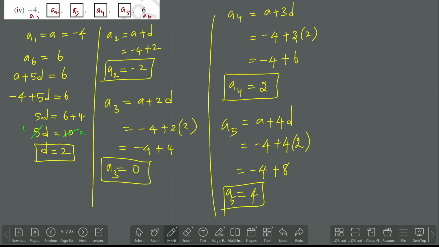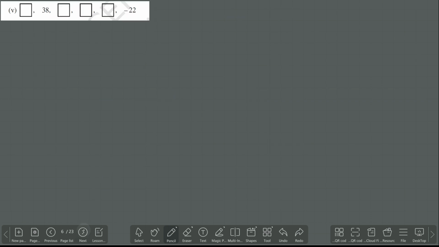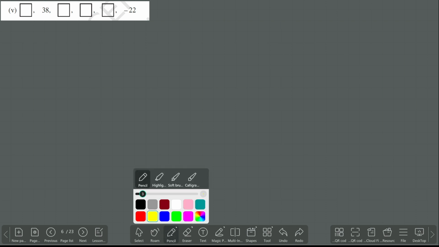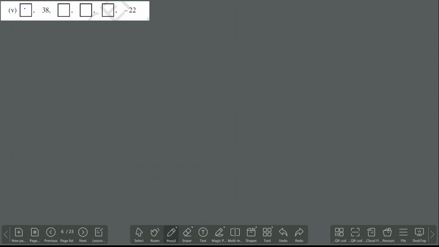Is it okay? It's a lot. Shall we go next? That is the fifth one. What is the fifth one? Here A1 is missing, A2 is given, A3 missing, A4 missing, A5 missing, A6 given.